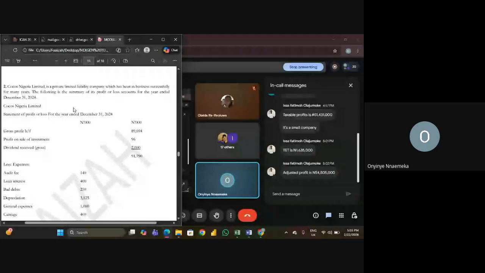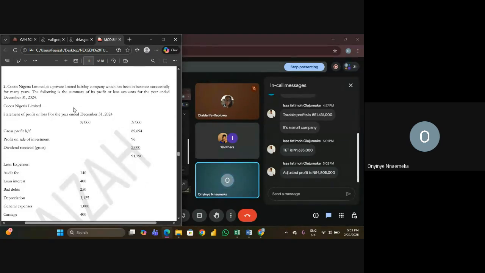Kokos Nigeria Limited. Kokos Nigeria Limited is a private limited liability company which has been in business successfully for many years. The following is the summary of its profit or loss account for the year ended December 31st, 2024. So we have the SOFP.